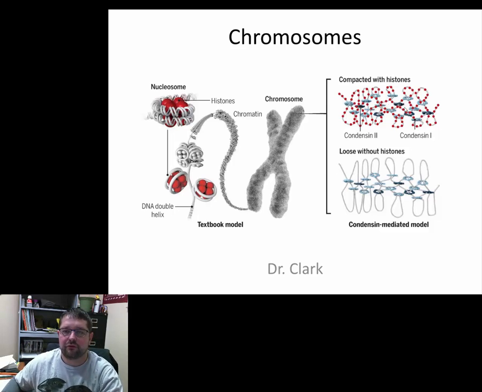Okay? If you look at these two models, this is one with histones, this is one without, and the formation, the compactedness, is pretty much identical.